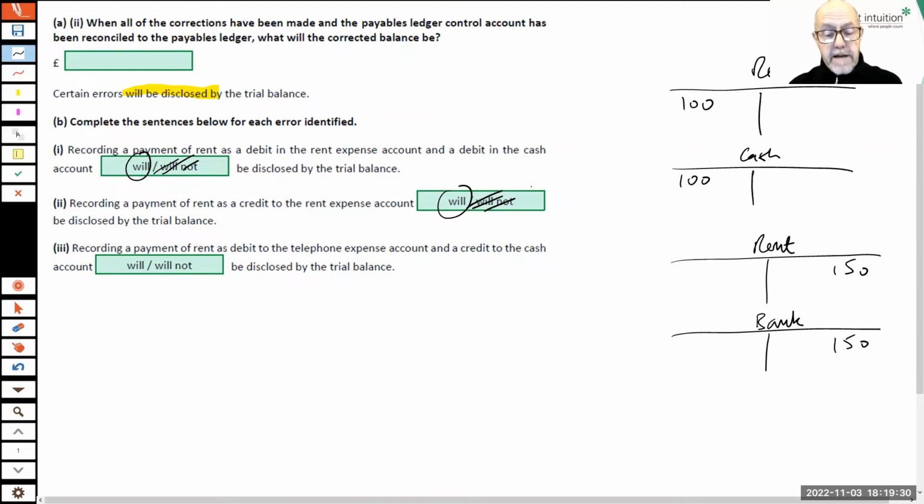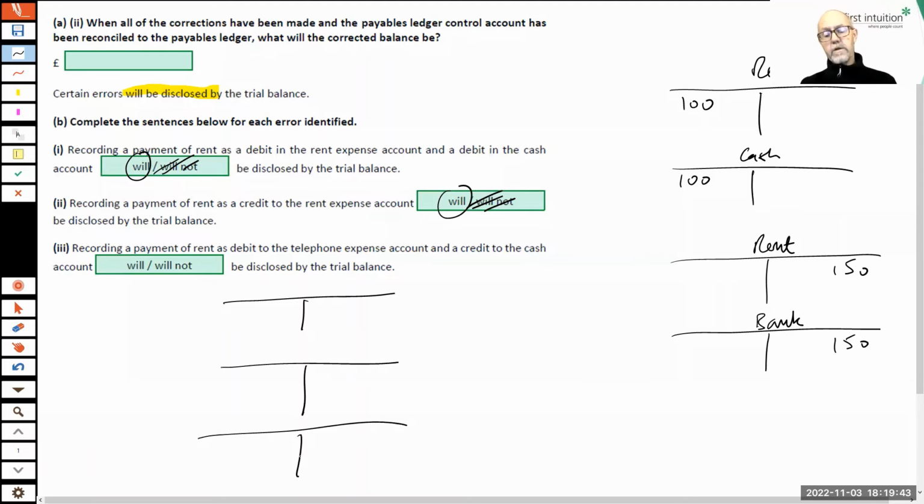Recording a payment of rent as a debit to the telephone expense account and a credit to the cash account. Do you notice how I always like to put the ledger accounts one above the other? Because you can see at a glance, whoa, it's all on the left, there's more on the right. If you put them all over the page, it's a lot less instant.